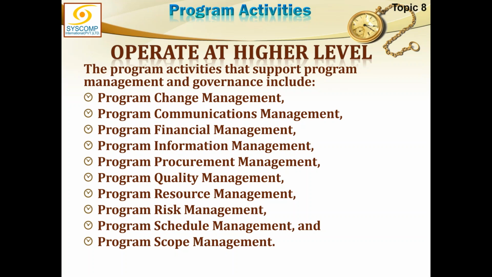They include program change management, program communications management, financial management, information management, procurement management, quality management, resource management, risk management, schedule management, and scope management. Now, they are not listed here in order of importance, but in alphabetical order. Change comes first. It doesn't mean change is the most important thing. Maybe scope and schedule would be listed at the top if it was for importance.